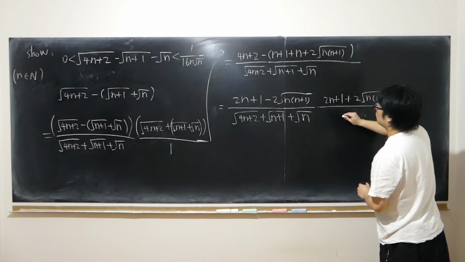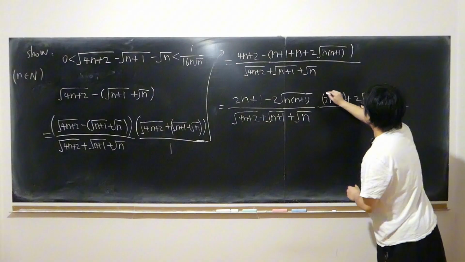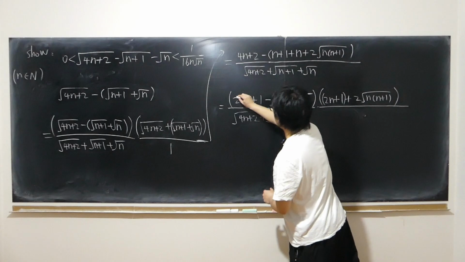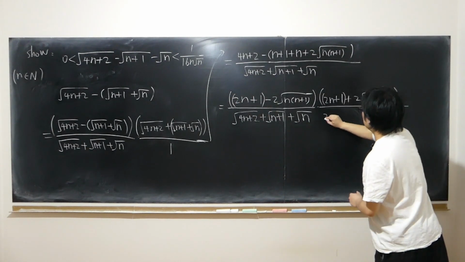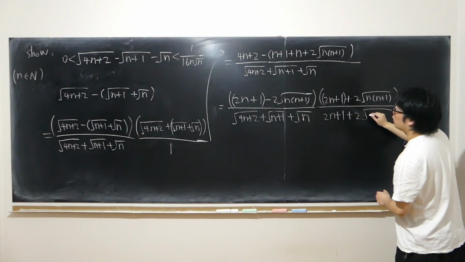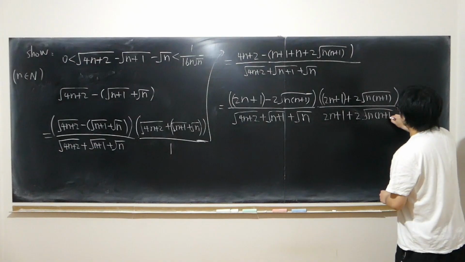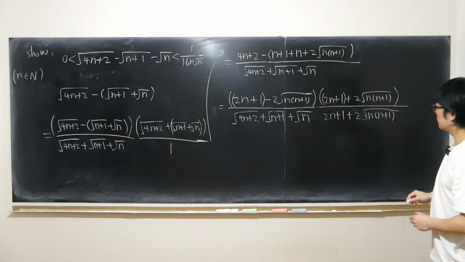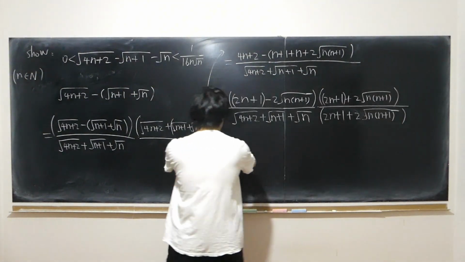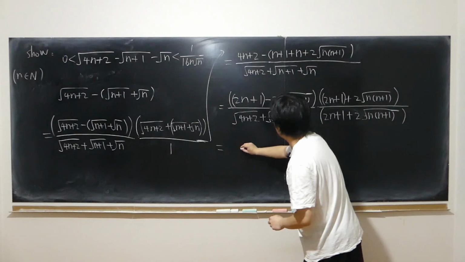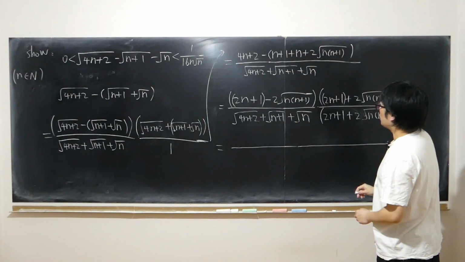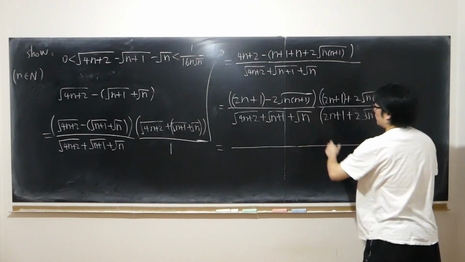That is still 2n plus this one. Now, here is what we have. On top we have this square minus this square.